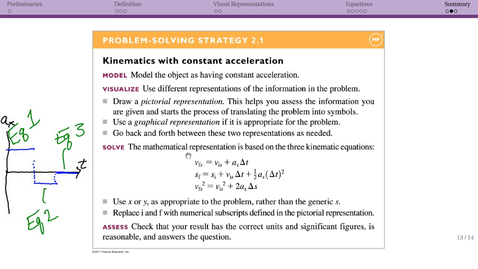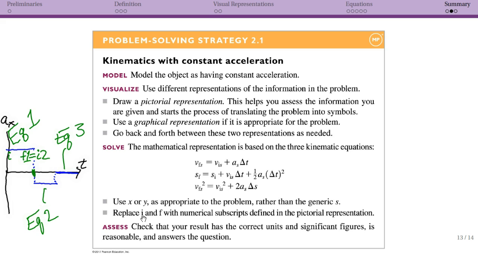So again, these are the three equations that we're largely using here. Do please use x or y rather than just the generic s, but this is one way of just showing that that can be any one-dimensional direction you want. And again, here typically I'm saying initial and final, but what's important to know is, for instance, in this situation I have an initial here, and then I might call this final 1, but that equals initial 2, right?